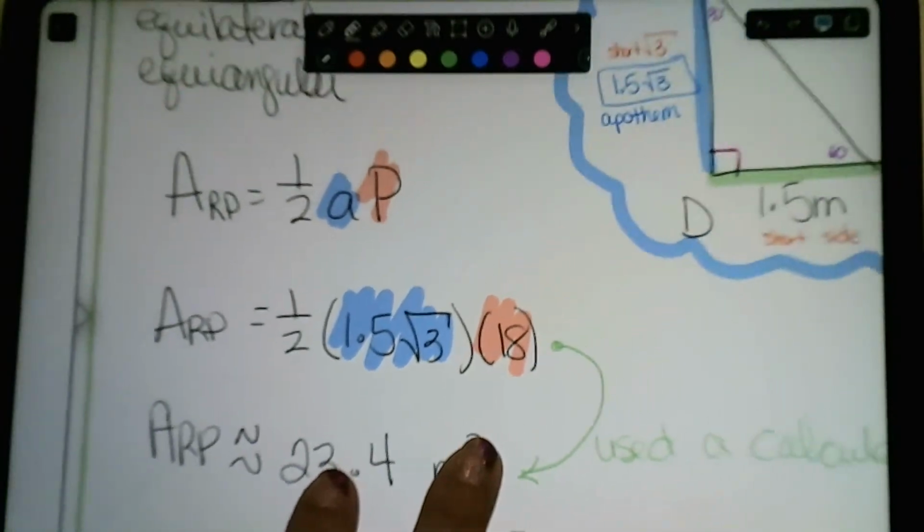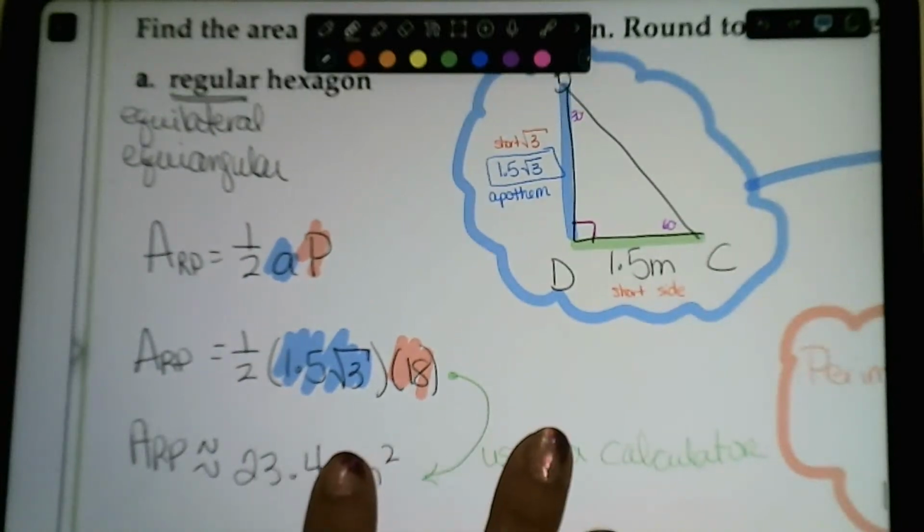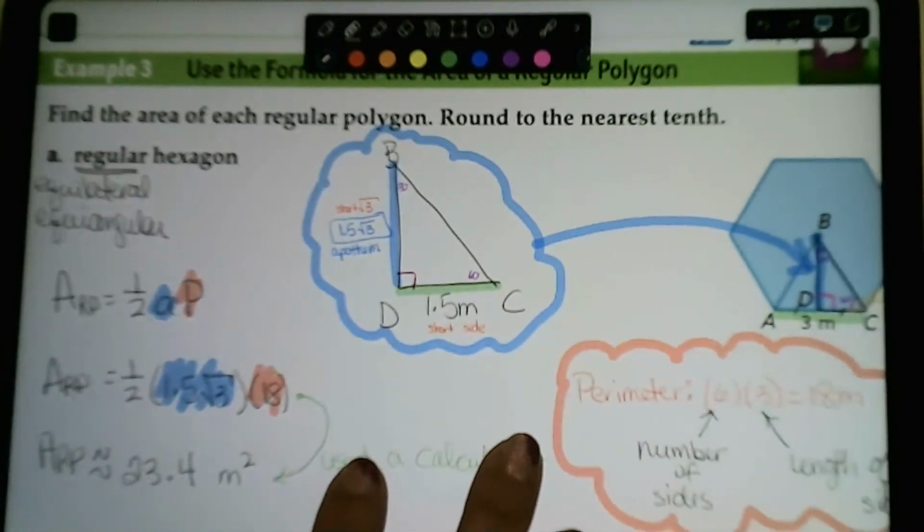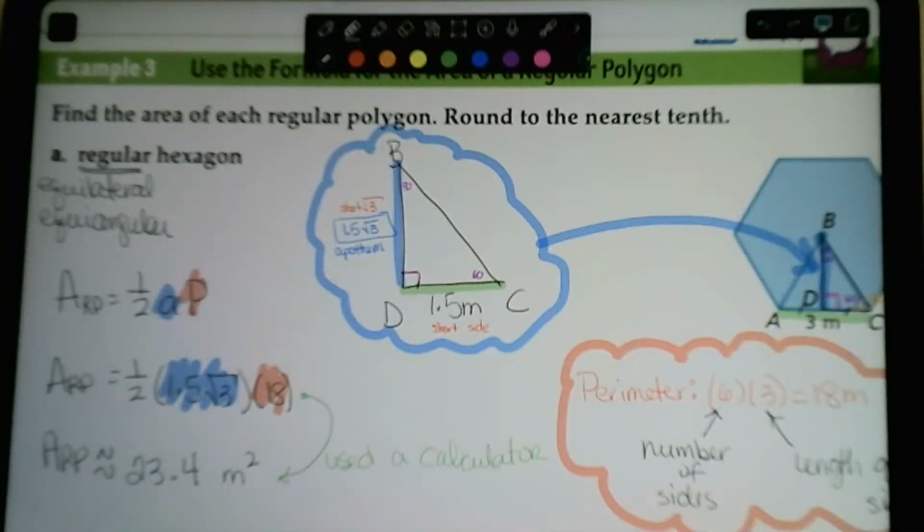I'm going to zoom back out so you can see the whole thing. Oh, and I did use a calculator. Hopefully it's still big enough for you guys to see. Those of you who are in the classroom but you're watching on YouTube, how blurry is the screen, the writing? Because on my preview, it looks really clear in the center, but on the edges it gets kind of blurred.